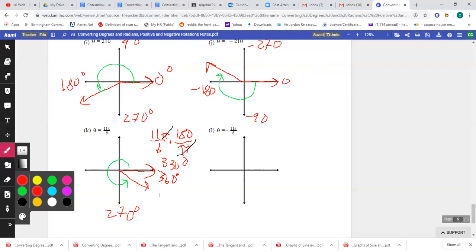And then if I go backwards, I know that negative 330 means I went almost all the way around in the negative direction, 330 degrees.